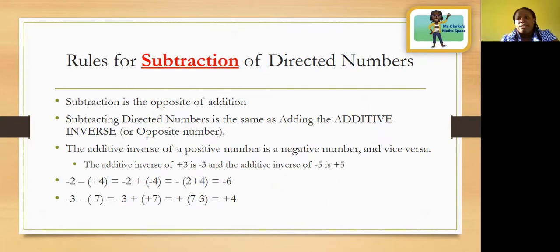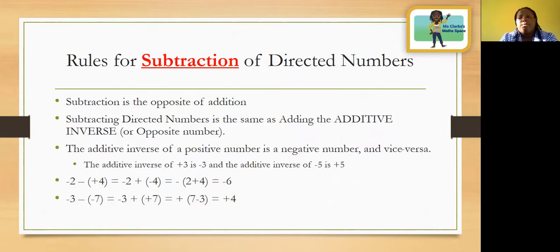And that makes sense. If you're not giving something, you're taking something. If you're not taking, you're giving. And as we know, the opposite of multiplying is dividing, etc. So subtracting directed numbers is actually the same as adding the additive inverse, or the opposite number. The additive inverse of a positive number would always be negative and vice versa.